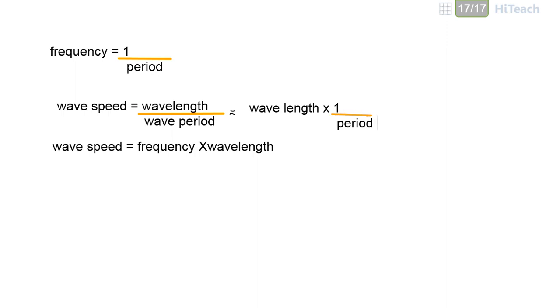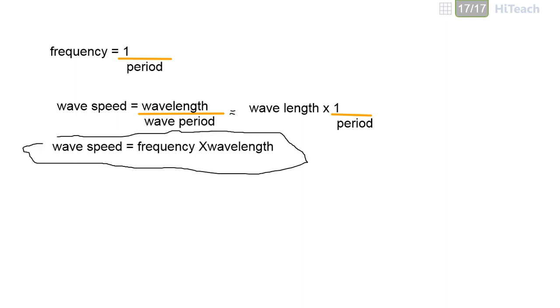Instead of writing 1 over period, I can write the frequency. So the formula I got at the end is wave speed equals frequency times wavelength, where the frequency is 1 over period.